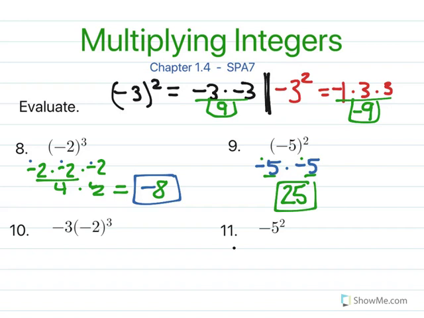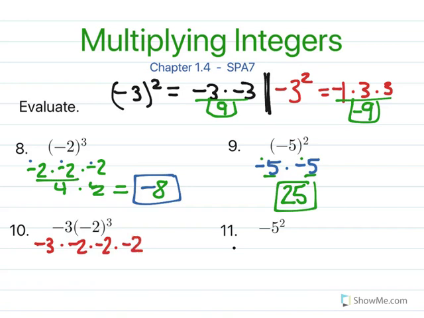All right, let's look at number 10. For number 10, I have -3 times, and again, the -2 is in parentheses, so -3 times -2 times -2 times -2.